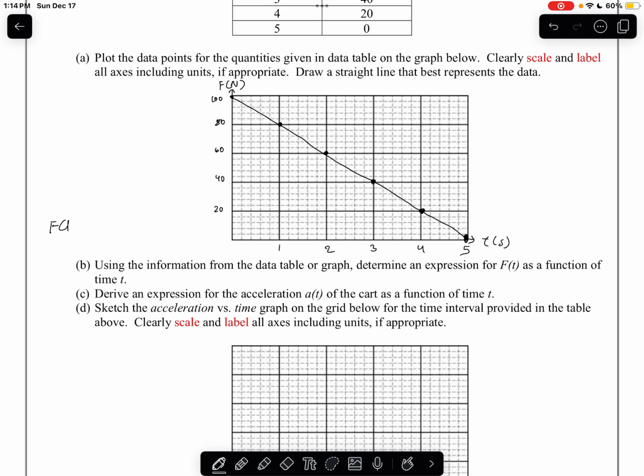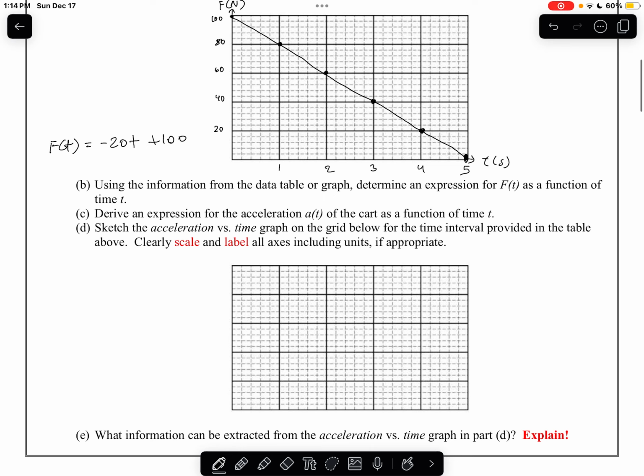So F of t equals, basically I'm going to use the slope formula. The slope is going to be 100 minus 80 over 1, so that's negative 20t. And initially the force is 100, so it's going to be that for the function.